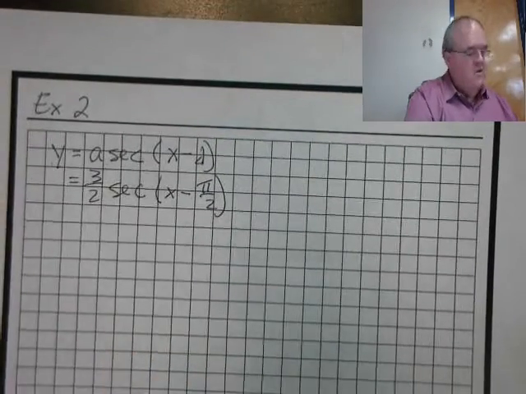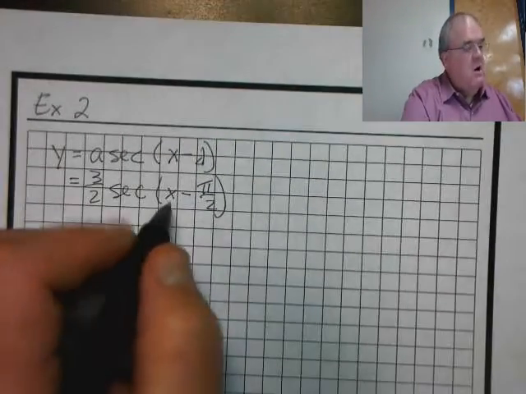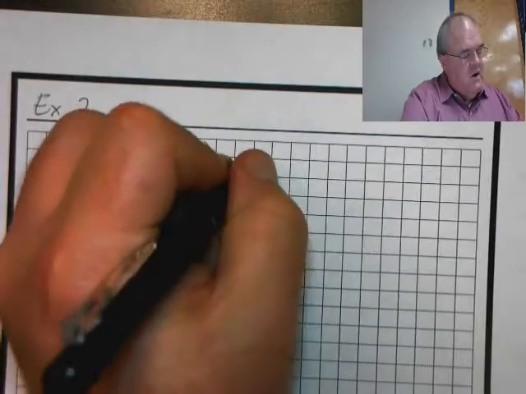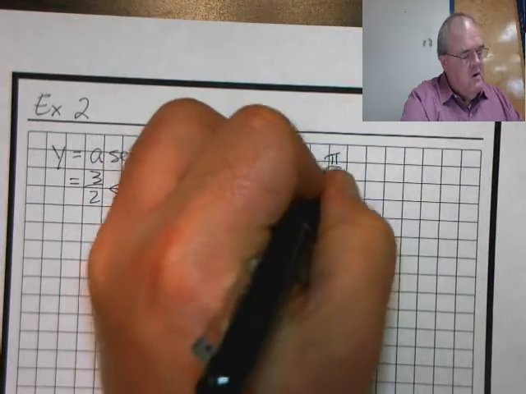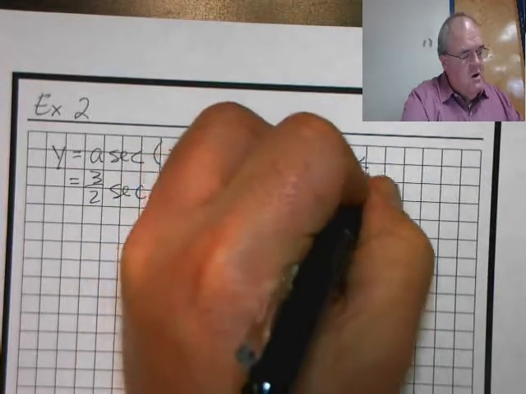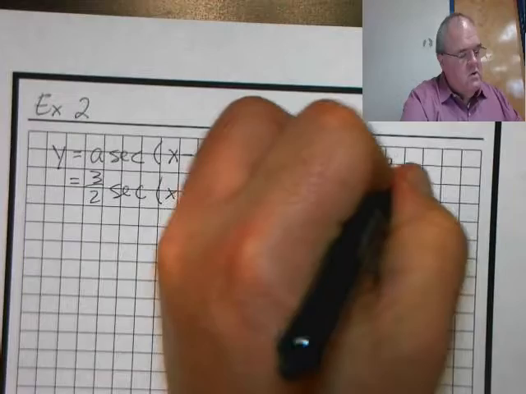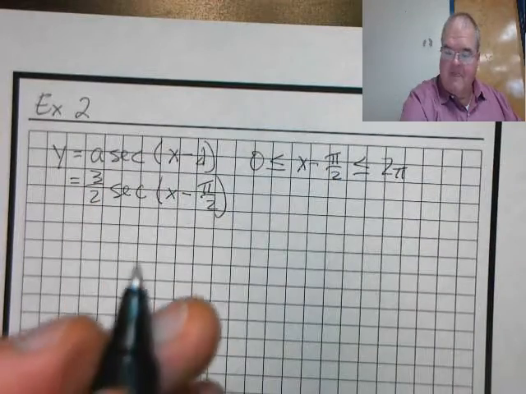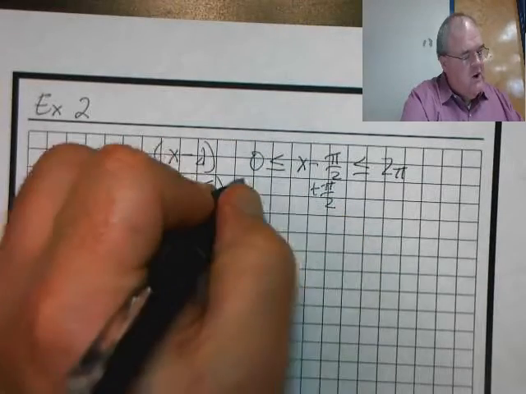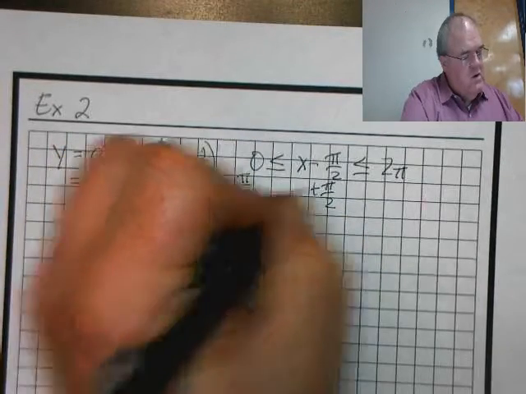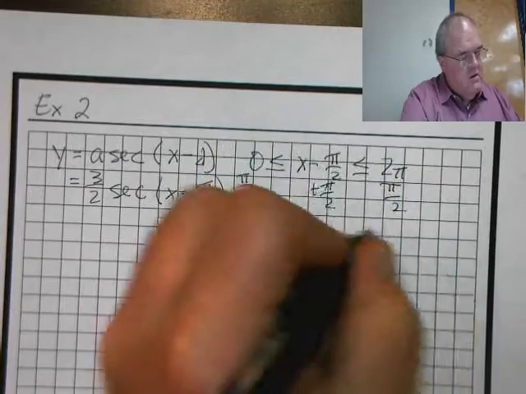So the first thing I have to do is find out what my period is. So I have 0 is less than or equal to x minus pi over 2 is less than or equal to 2 pi. And I'm going to add pi over 2 to everything.